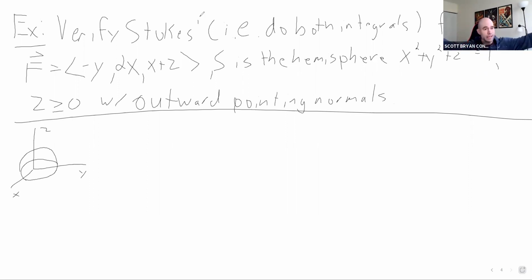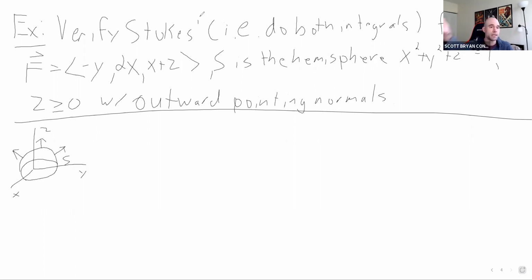There's the outward pointing one and the inward pointing one. This one, if we had the entire surface, the normals would be pointing outward. We're only taking half that, but we keep the orientation on this guy. So this is our hemisphere, our extremely beautiful hemisphere here, and we're doing the top half.